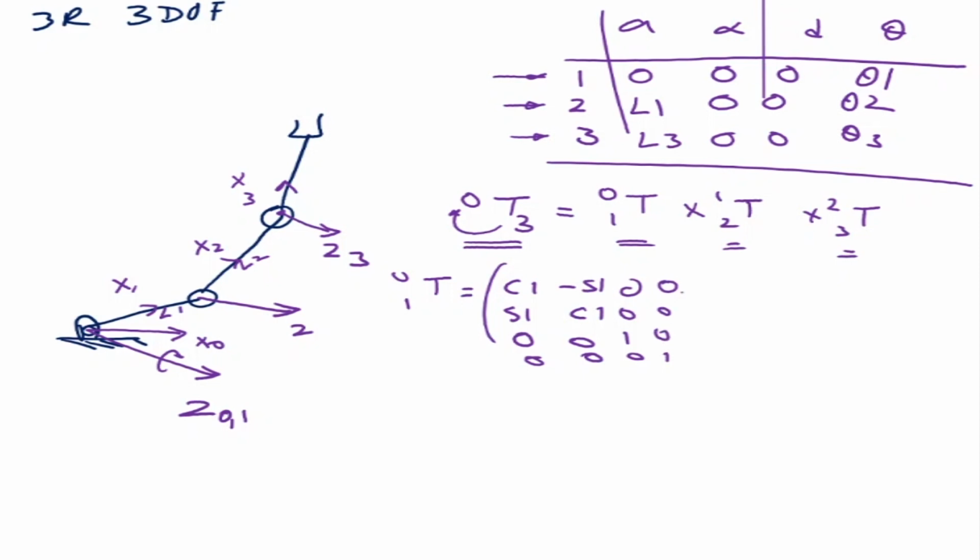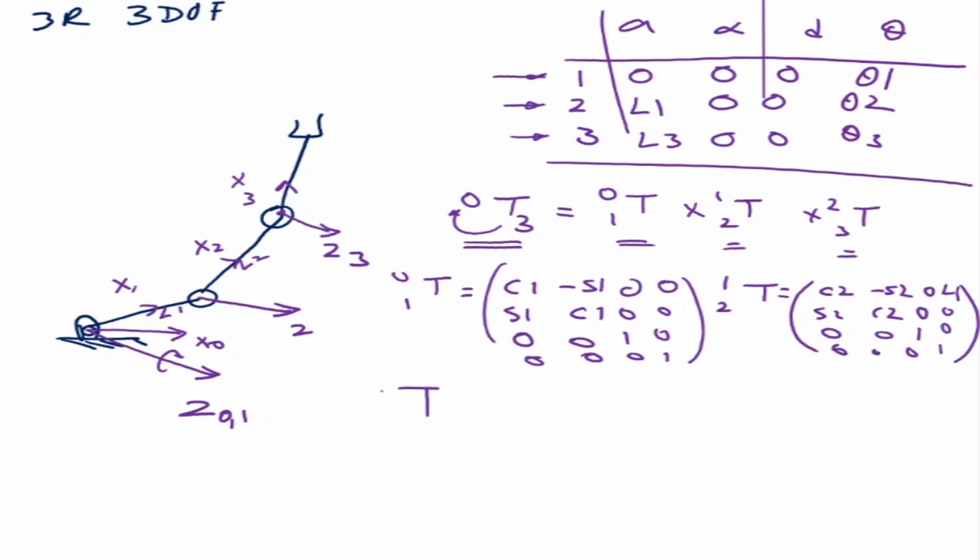The second matrix, T12, is cos θ2, minus sin θ2, cos θ2, 0, 0, 1, 0, 0, 0, 0, L1, 0, 0, 1. The third one, T23, is cos θ3, minus sin θ3, cos θ3, 0, 0, 1, 0, 0, 0, 0, 0, and that is L2, 0, 0, 1.